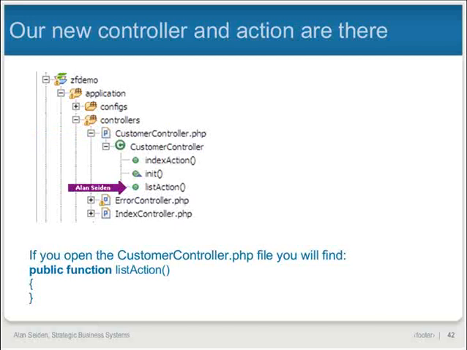We said the action is called list. It's called listAction. And if you double-click on the customer controller file, you'll see this: public function listAction. So what's great about Zend Tool is it saves you a lot of typing. So within listAction, you type in whatever code you need to happen if someone goes to the list action. Okay, everybody with me?